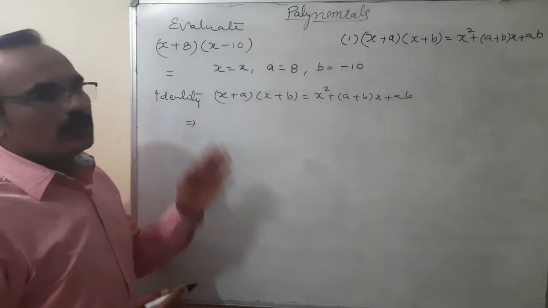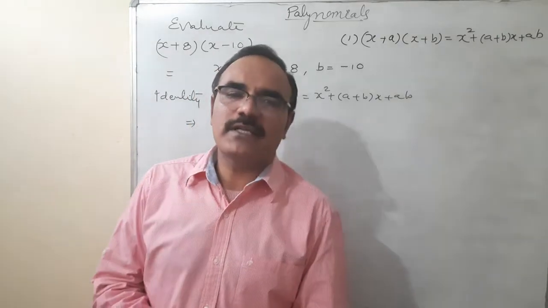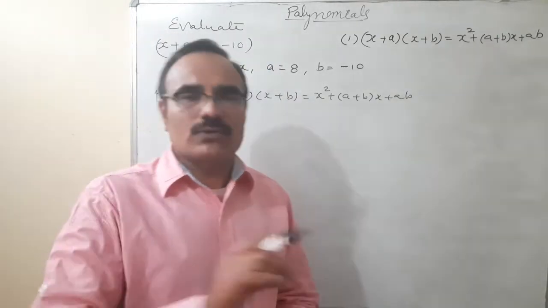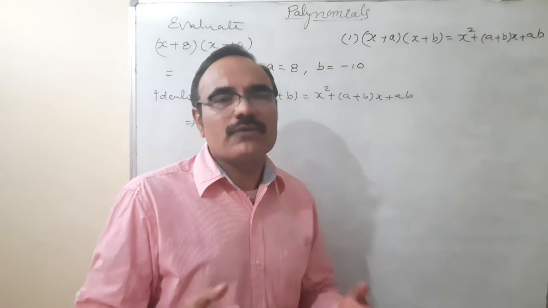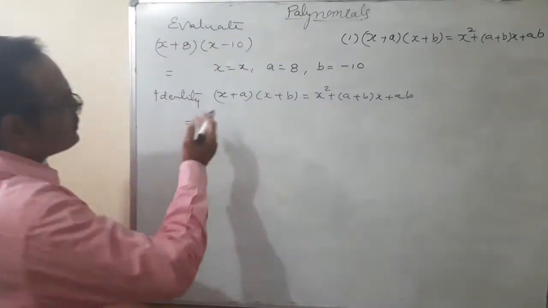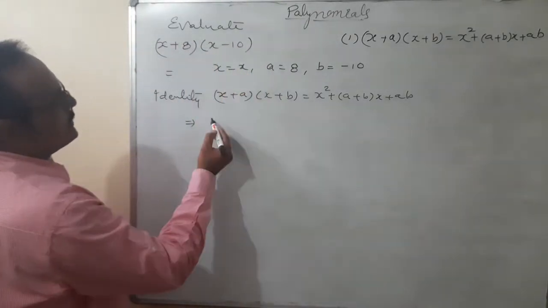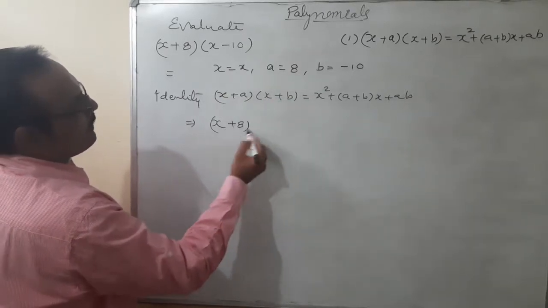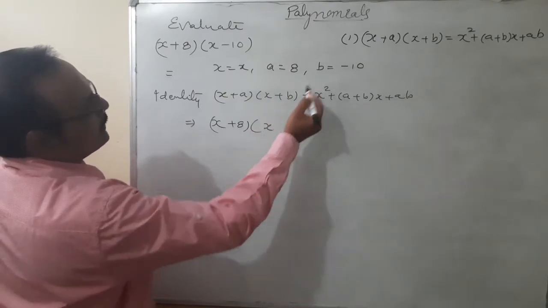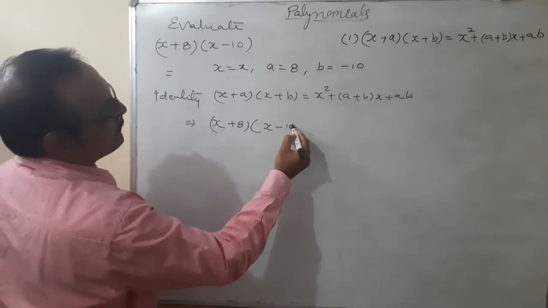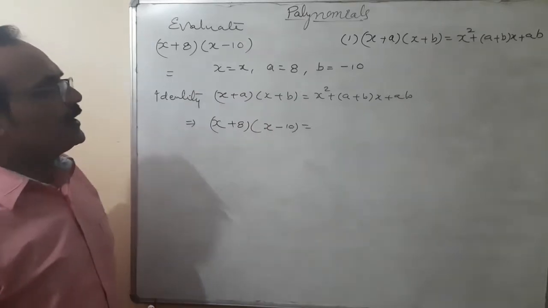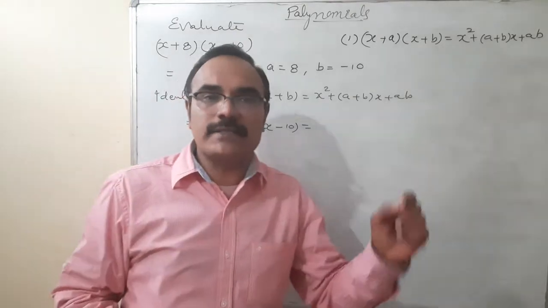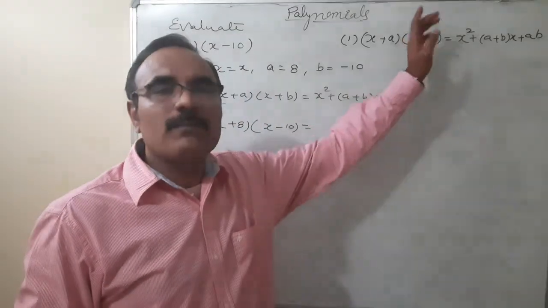And in all those questions, it is clearly mentioned to use identities to solve the question or evaluate the question or factorize using identities. So I am using an identity. X as it is. In place of a, there's 8. X as it is. In place of b, there's minus 10. Friends, minus 10, what does it mean? Where there's a b, we will have to put minus 10 because the identity has only the plus format.